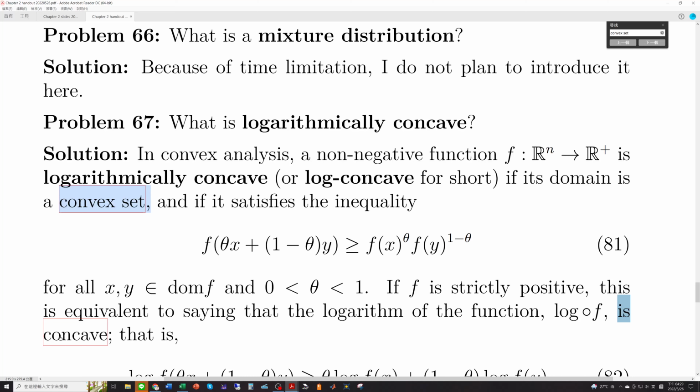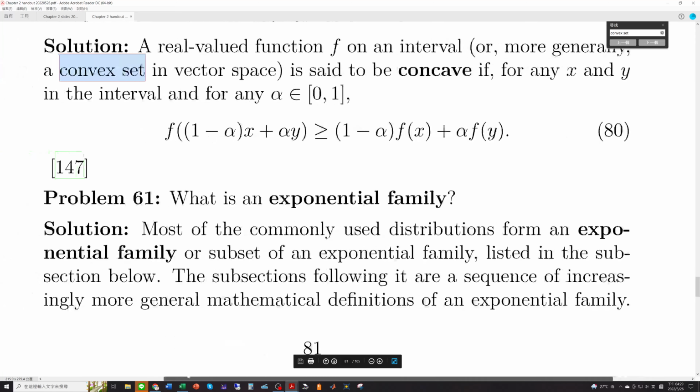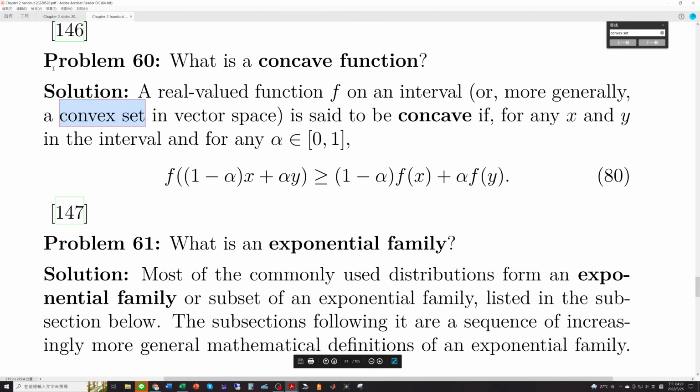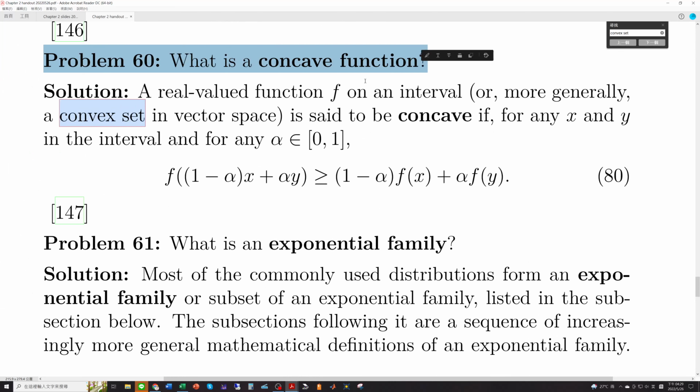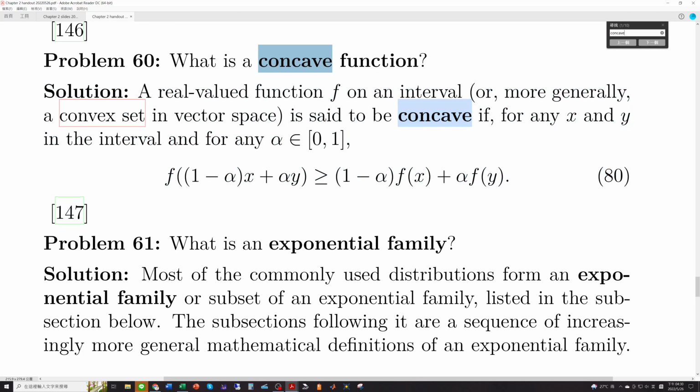Let us click on this hyperlink, and this handout will jump to here. Problem 60. What is a concave function? If you forget, please review the solution here. Let us go back to the concave we have seen before.